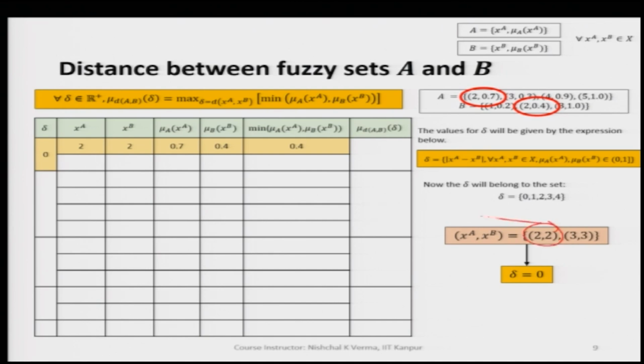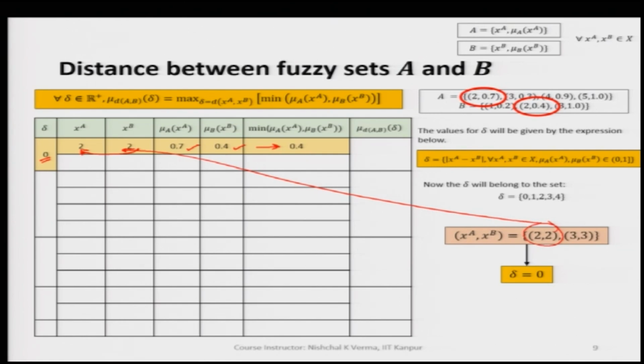These values will go here and here, x_A and x_B, and of course this is for delta equal to 0. Similarly, we find from the discrete fuzzy set given their respective membership values, and when we take the min, we get 0.4.